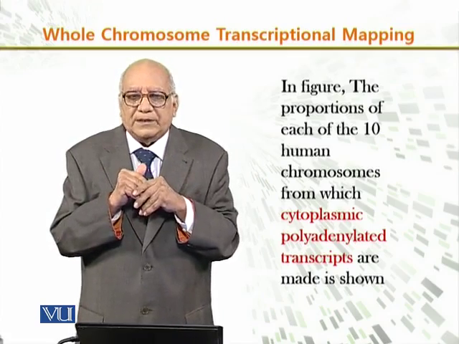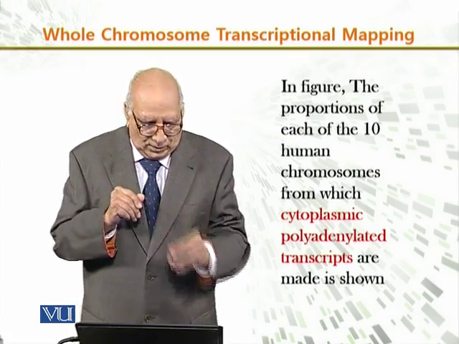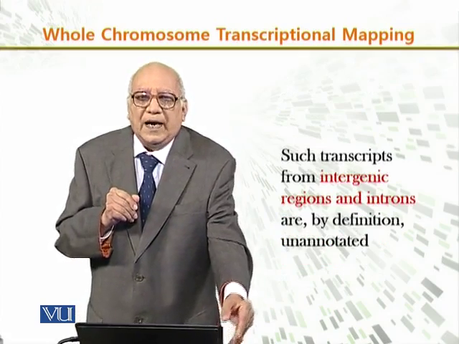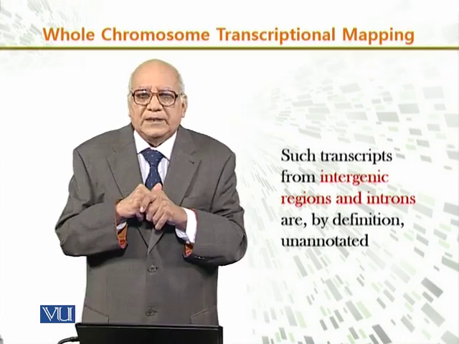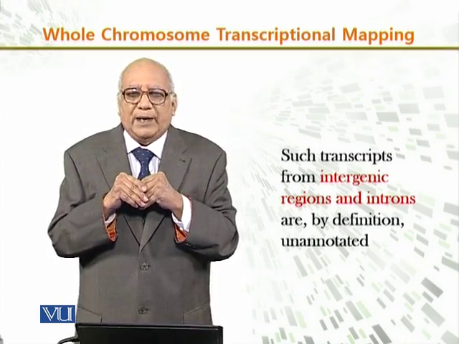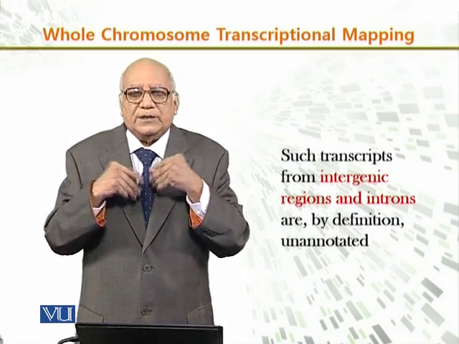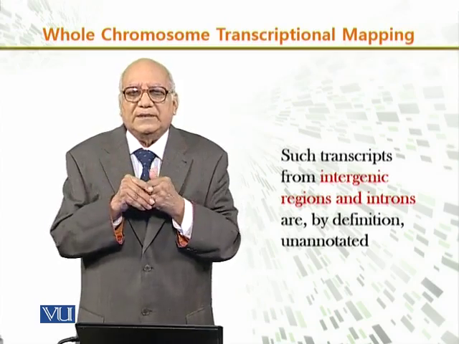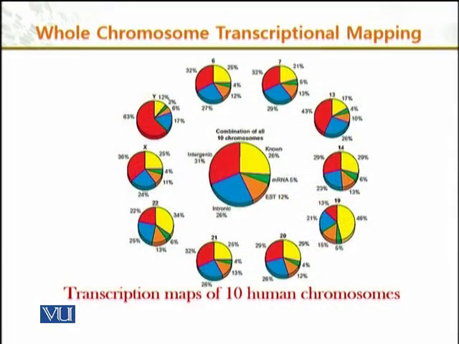And such transcripts from intergenic regions and introns are, by definition, unannotated. They are not definitely known, they are not labeled, and as we see in this, you can see the transcription map of 10 human chromosomes and the TUFs which are there and how much is formed in the chromosomes.